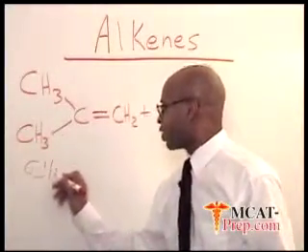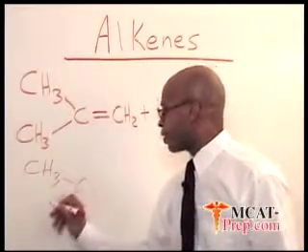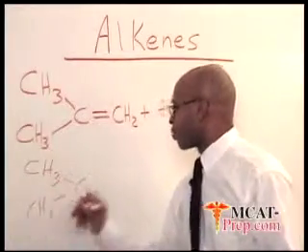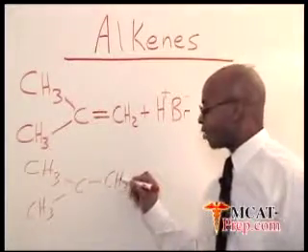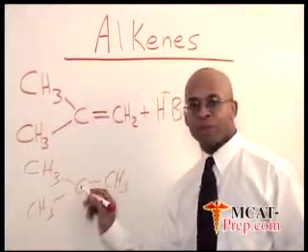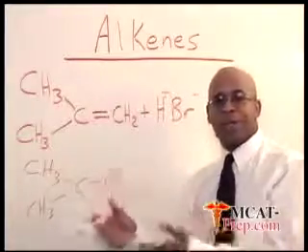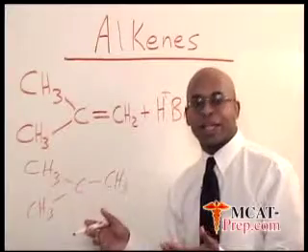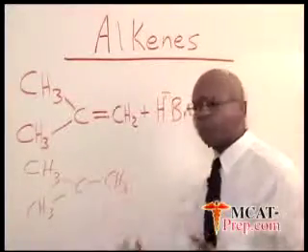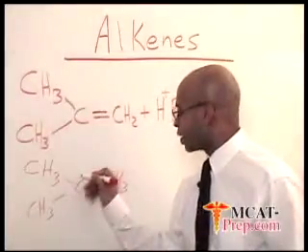So we would have CH3, we'd have carbon, we'd have CH3, we'd have CH3 here because the hydrogen added to it. This would be positively charged. And then because Br minus would be floating around in solution, not up to anything much, it would see a positive charge and therefore it would bond to this.